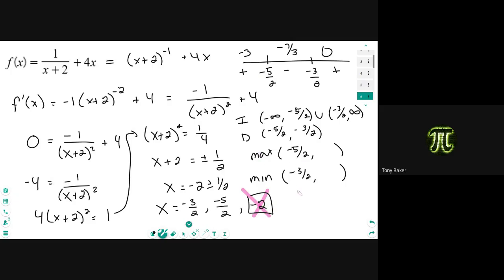When you're finding the min and max, you're plugging it back into the original problem. If you plug it in F prime, you should get 0. That's why it's a critical number.